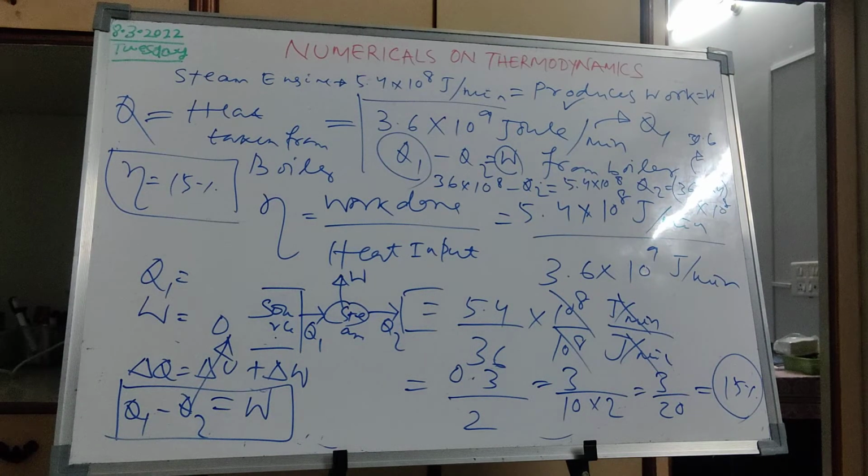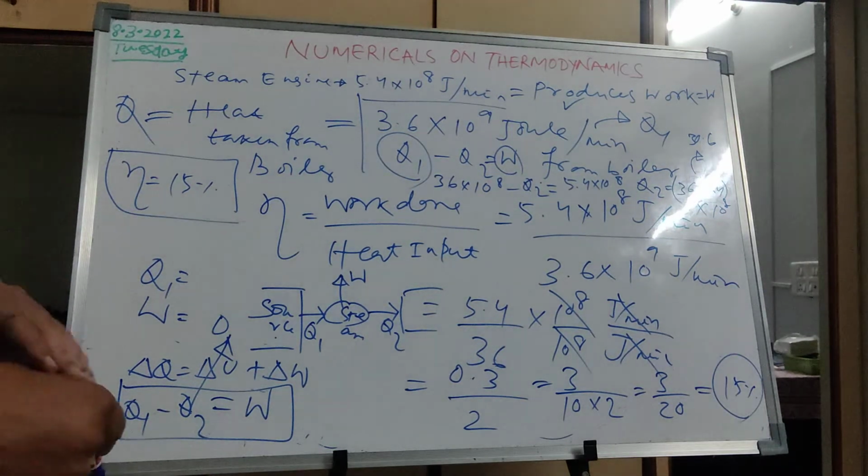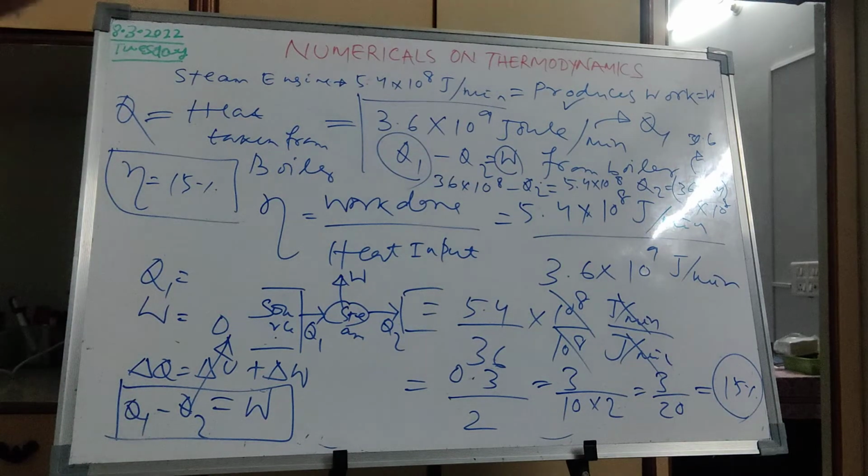What is the next part? That's all. Just see in the answer what the efficiency is, whether it is 15% or not, and what the heat wasted is, whether it is 30.6 or not. Correct?